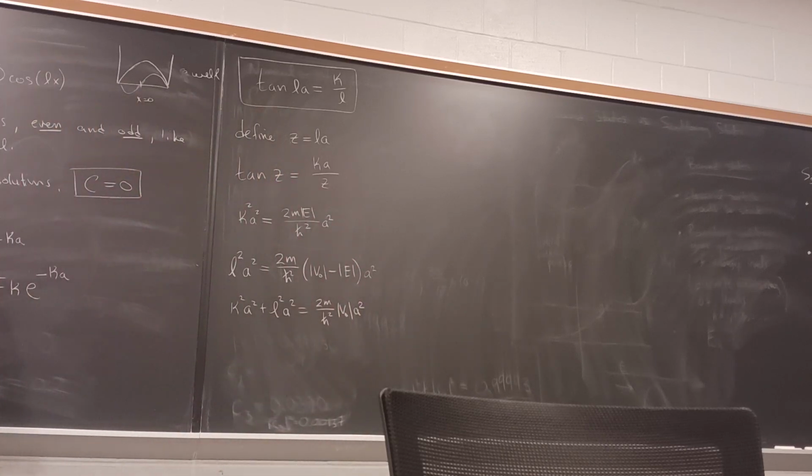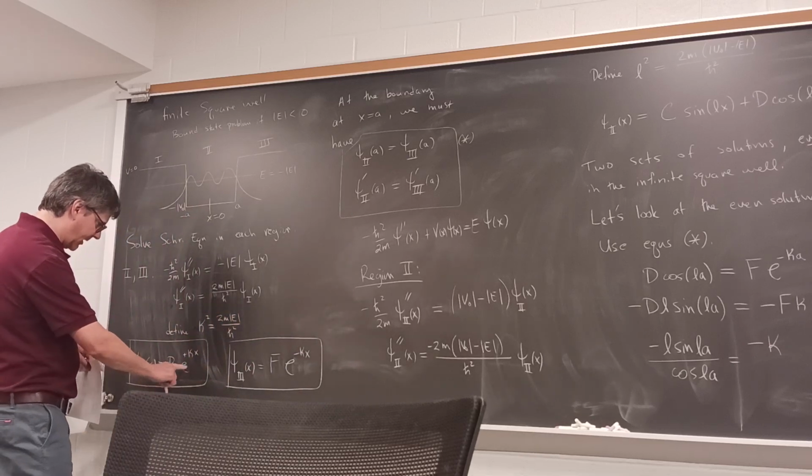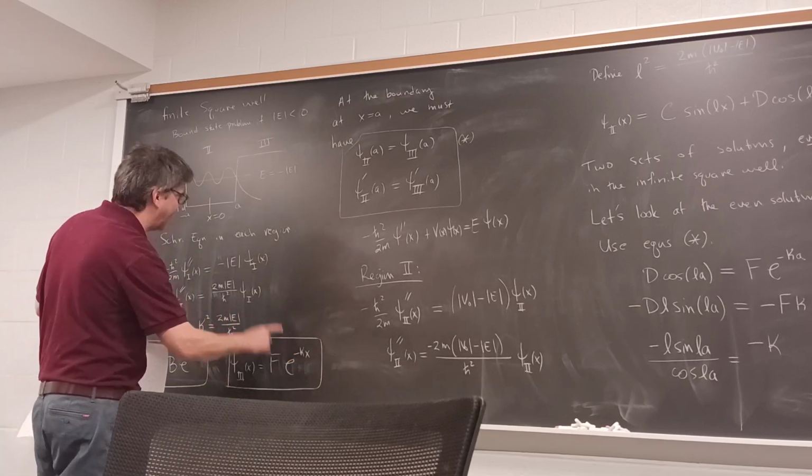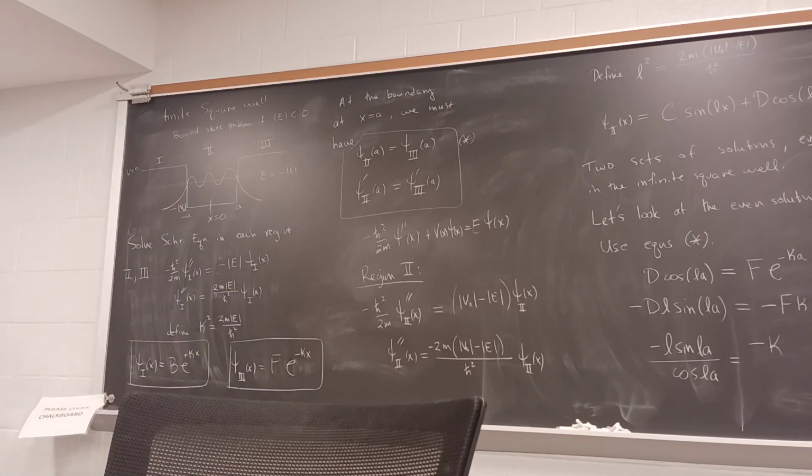Okay. So what exactly are kappa and L? Kappa is the constant that comes out in front when taking the second derivative, so the solution is given by e to the minus kappa x in this region. So it's the rate of decrease of the wave function amplitude. I see, because it has units of 1 over x?